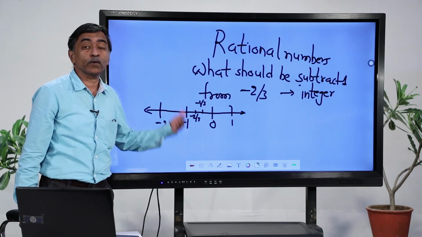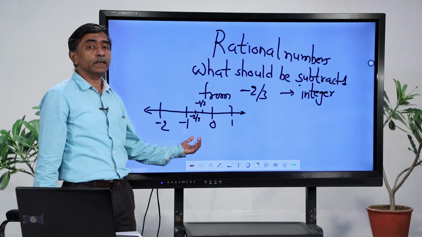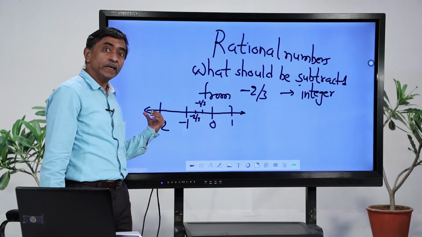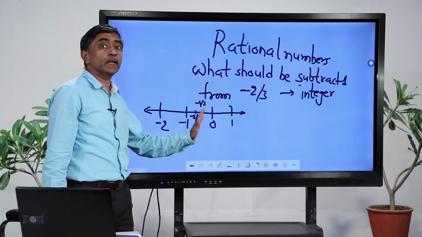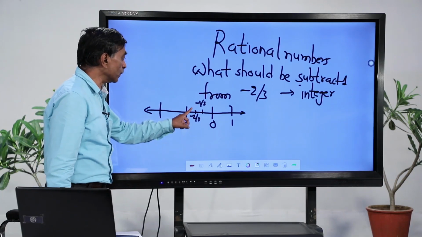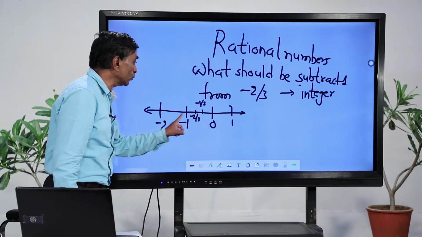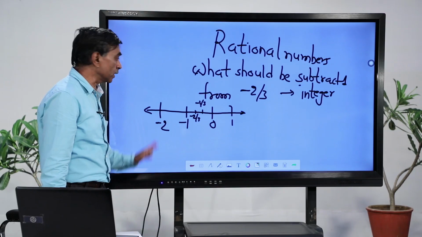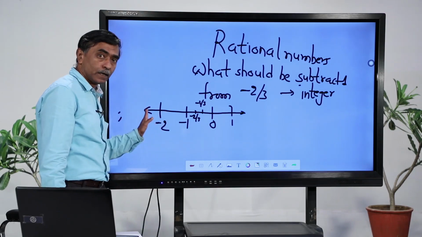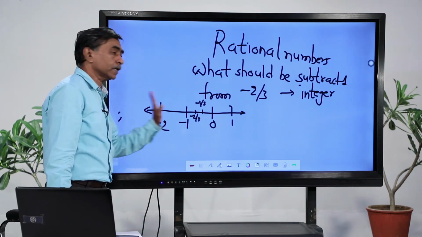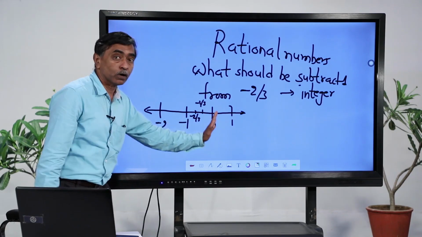You know how to locate fractions on the number line. The only thing here is you have to do it on the negative side, that is to the left of 0. So, this is -1/3, this is -2/3. Now, you can see which are the two integers here. It cannot be definitely nearer to -2 or -3. It has to be either nearer to -1 or 0.